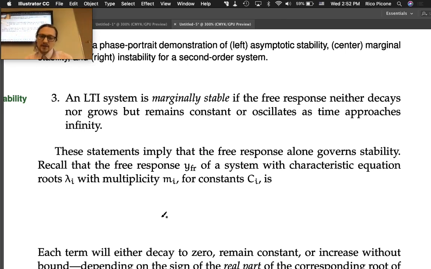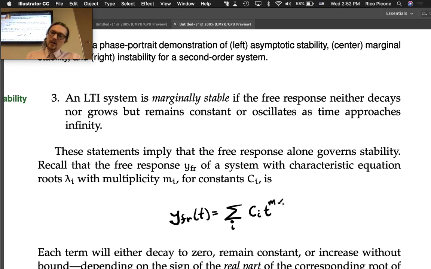Recall that the free response, y_FR, of a system with characteristic equation roots lambda_i with multiplicity m_i, for constant c_i, is that y free of t is equal to the sum over all of the roots of the characteristic equation of a constant c_i for each of them times t raised to the multiplicity m_i minus 1.